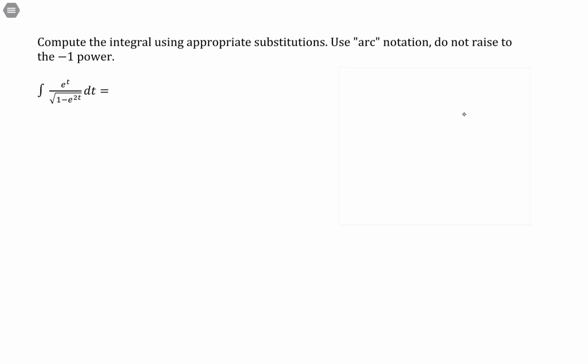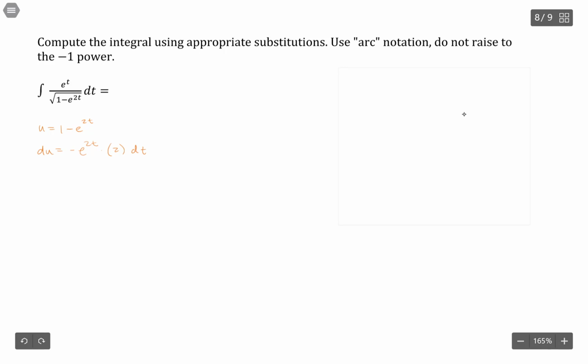Now, the things that you might try here, for instance, u substitution. You could try letting u equal 1 minus e to the 2t, because du is going to be, the derivative of a constant is 0, so this would be negative e to the 2t, because it's itself times the derivative of the exponent.